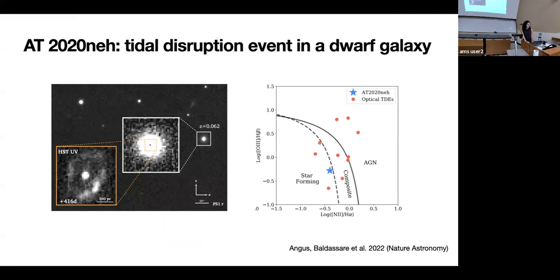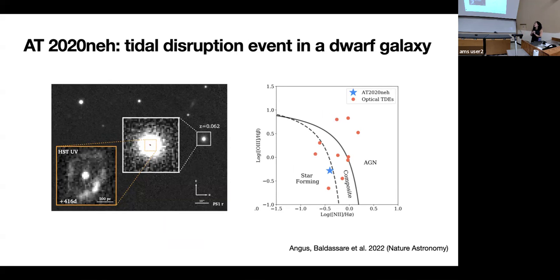So one really exciting event that we found in the Young Supernova Experiment data is this tidal disruption event called AT2020neh. This is the tidal disruption event that occurred in a dwarf galaxy. On the left is just an image of that dwarf galaxy.